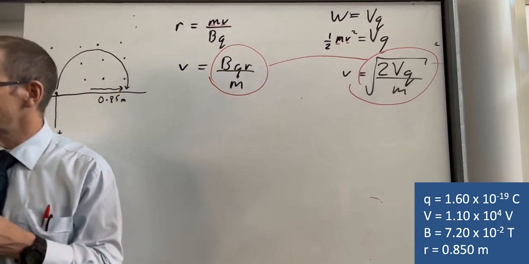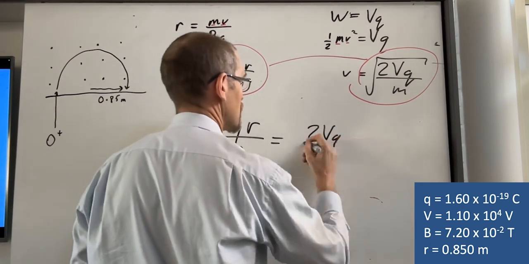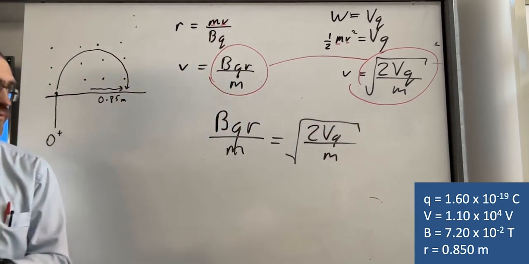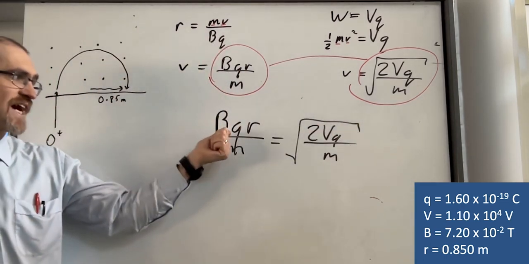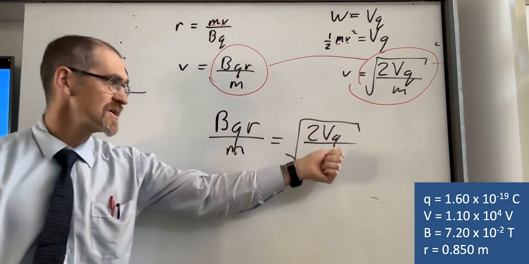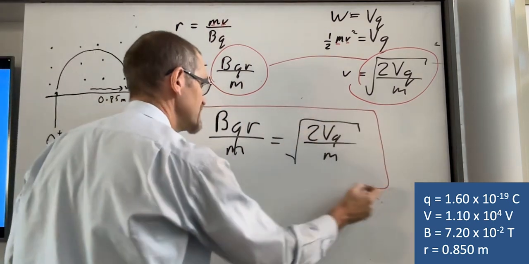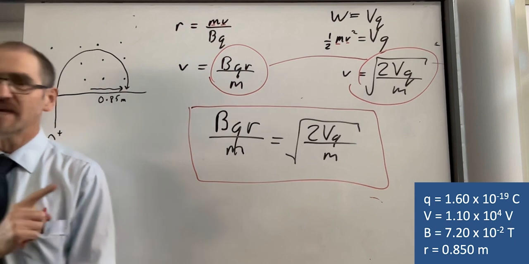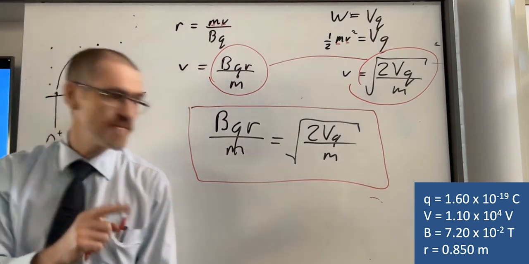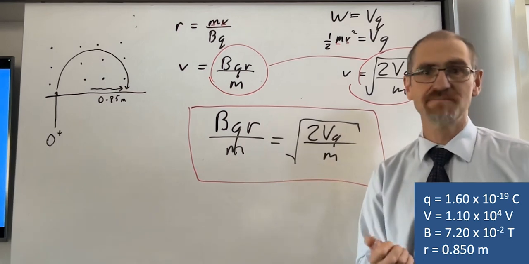Let's put them together and see what happens. We know the magnetic field, the charge, the radius, the voltage, but we don't know the mass. But now we have one expression with one variable. We can solve this for mass, and that'll give us the mass of the charged particle.